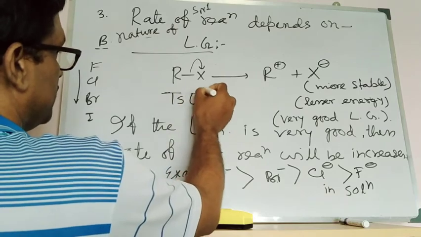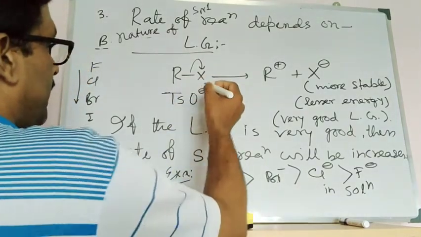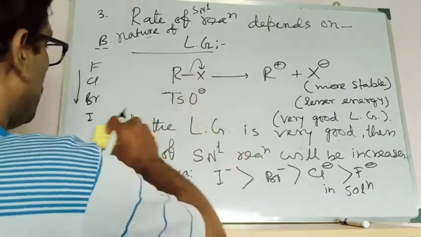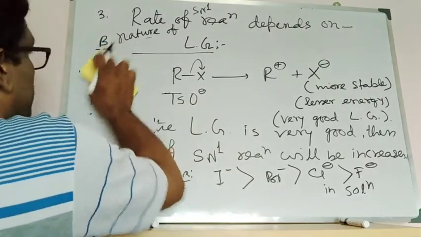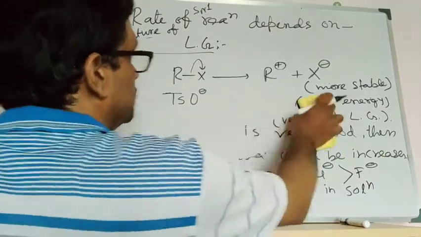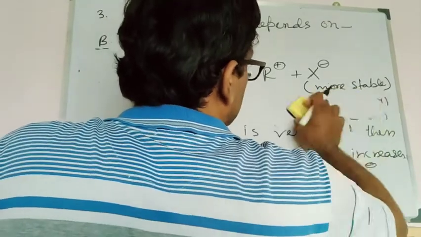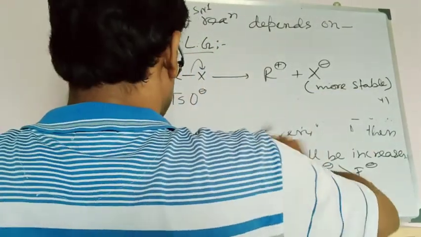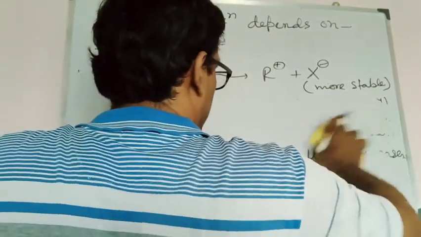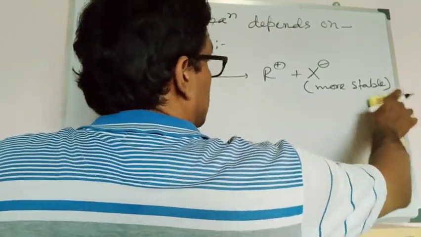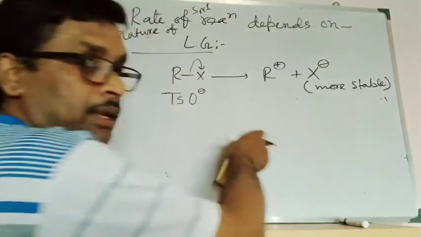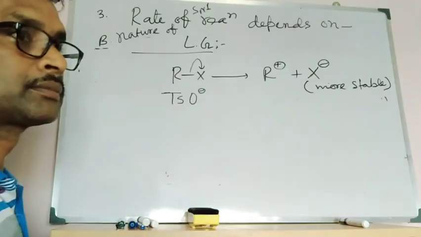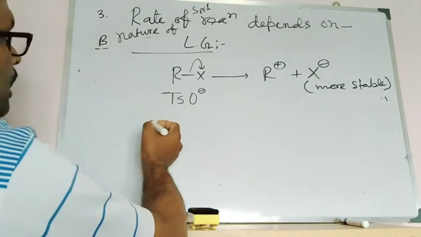TS minus, that is OTs, tosylate, is much more stable. How is this stable? I will give an example of how this leaving group is very stable.